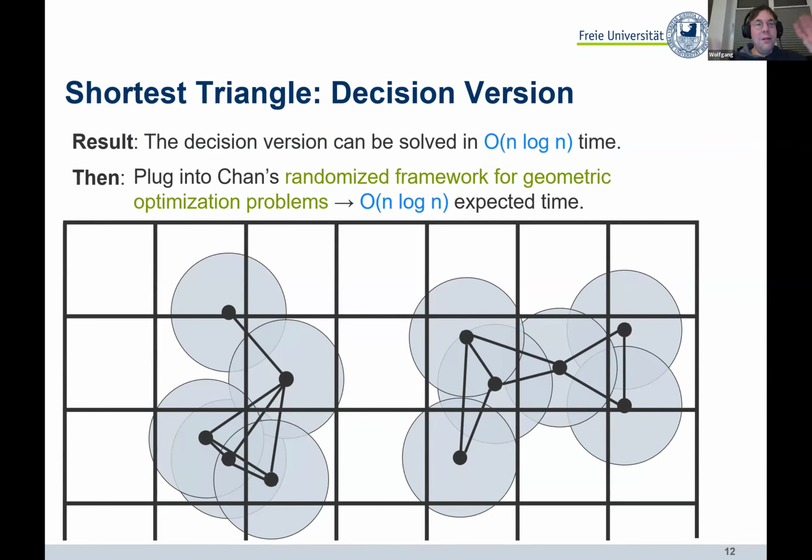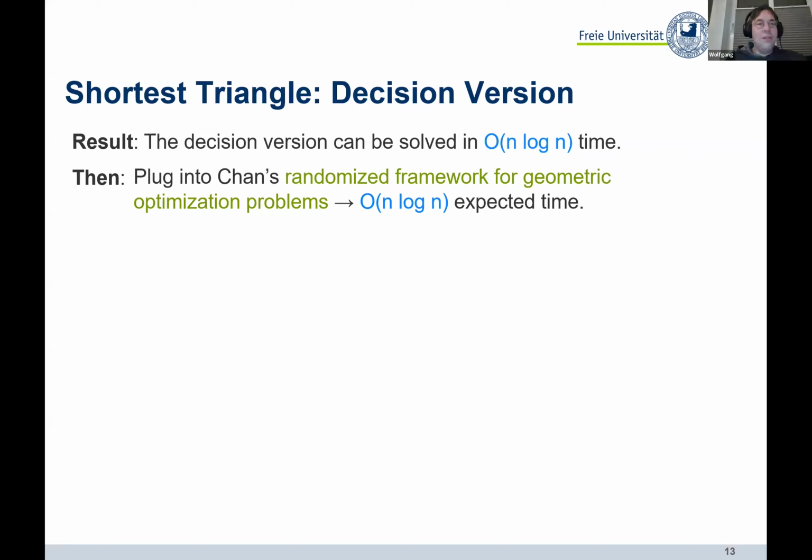If we work out the details, you can do this in log n time, and then there's a general technique to go from the decision version to the optimization version, and then we're done. Okay, so I think that concludes the geometric part.